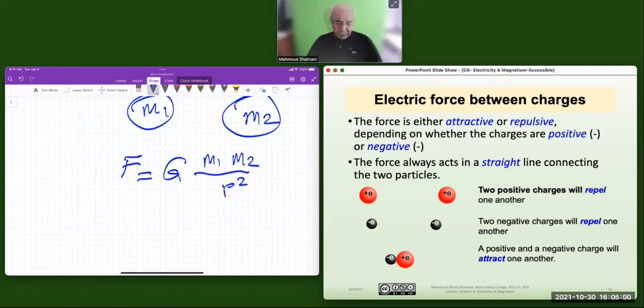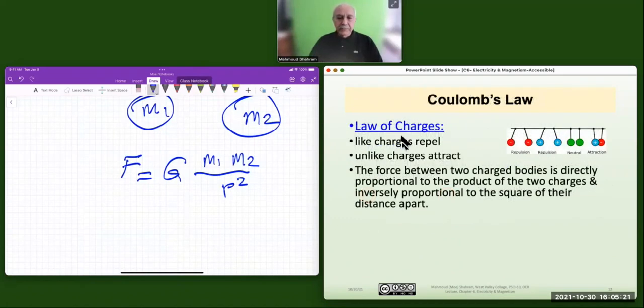Now here we have two different scenarios, attractive and repulsive, whereas the gravitational force was always attractive. Laws of charges: like charges repel, unlike charges attract. Neutrals don't have any attraction except the gravitational attraction.